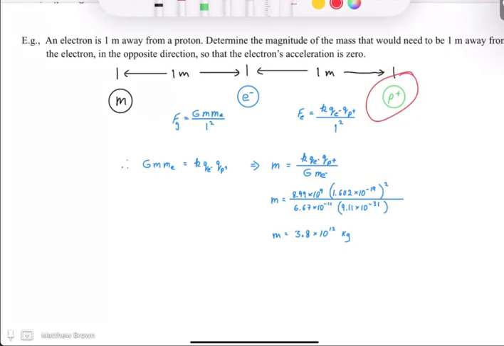On the other side of it with the electric force attracting it, I would somehow, 1 meter away on the other side, have to concentrate like a mountain's worth of mass in one little tiny space like that, right? So again, there's really no comparison, and this is why we see the electric force have the effect that it does here on Earth, where gravity is comparatively insignificant, doesn't matter at all.